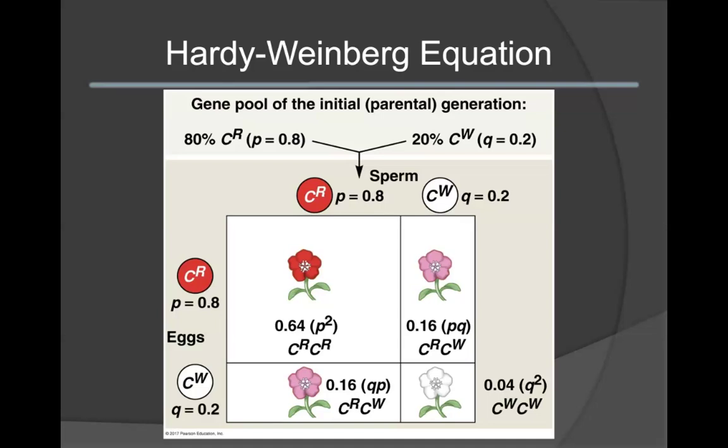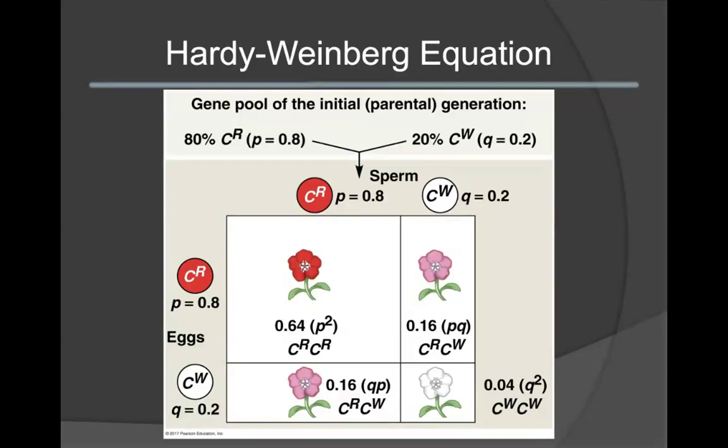That means the probability of an offspring having CR CR would be 0.8 times 0.8, or 0.64. This would represent our p squared value. If we consider the makeup of our heterozygous individuals, in one instance, the pink individual on the right, we would have pq, which would be 0.8 times 0.2, or 0.16.